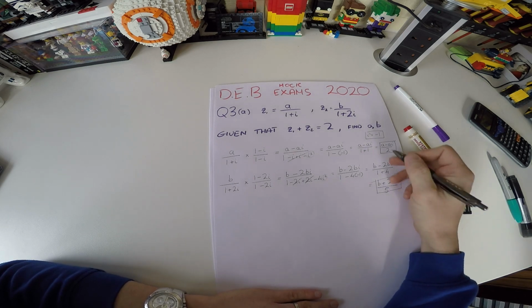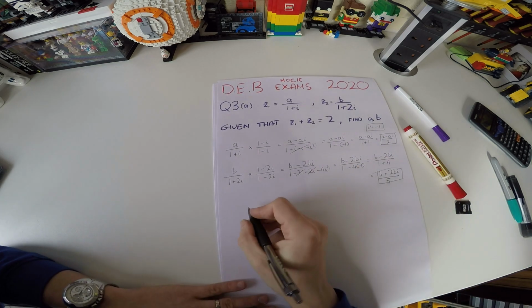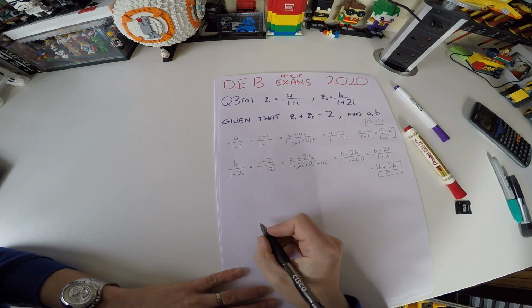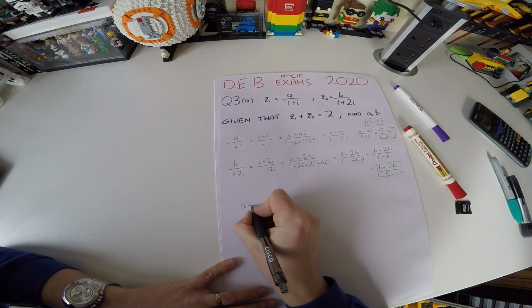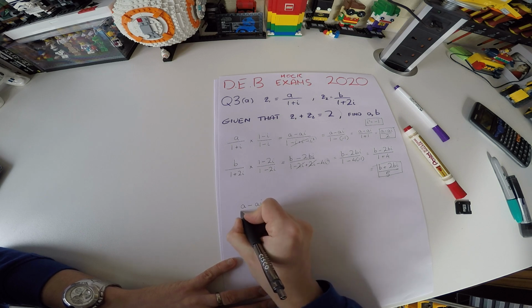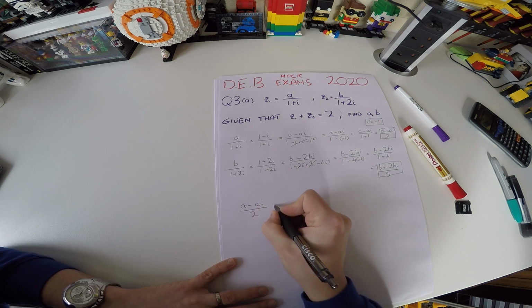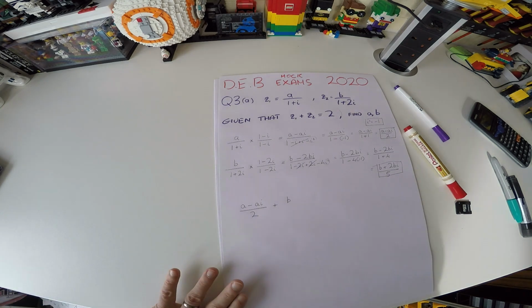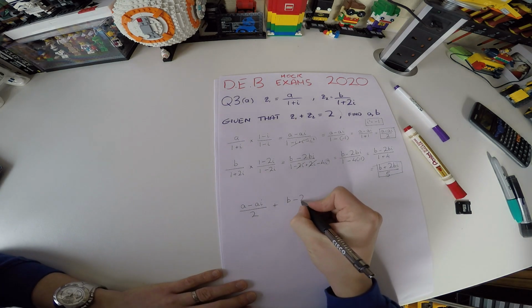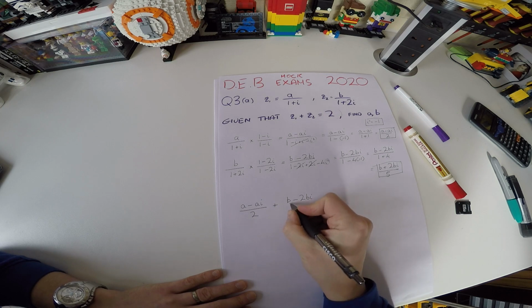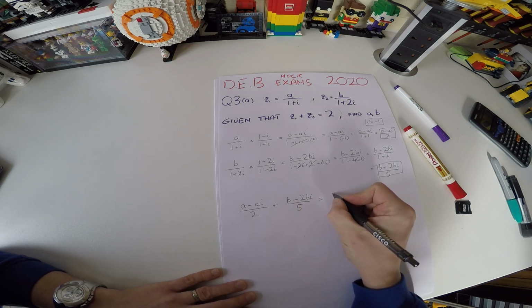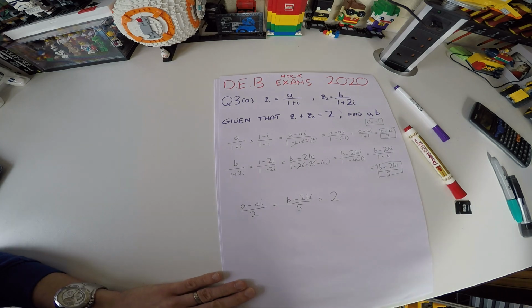So we've taken these two complex numbers into something we can work with. So what have we got now? If the two of these are added together, they sum to 2. So a minus ai over 2, plus b minus 2bi over 5 should be all equal to 2.